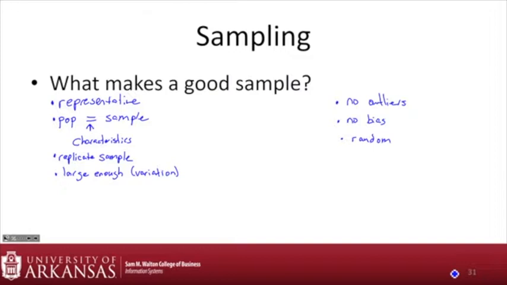We have large data. When we have large data, do we need to take a sample? Should we take a sample? Why? If I have all the data, why would I want to take a sample?